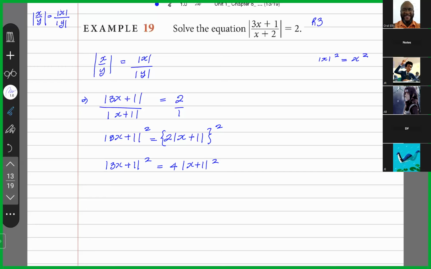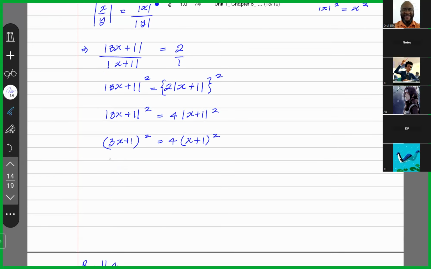Now, using results 1, the mod of 3x plus 1 squared is the same as saying 3x plus 1 squared is equal to 4 times x plus 2 squared. Expanding, I'm going to end up with 9x squared plus 6x plus 1 is equal to 4 into x squared plus 4x plus 4.